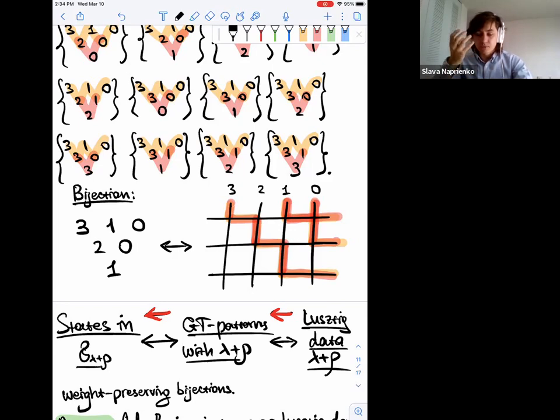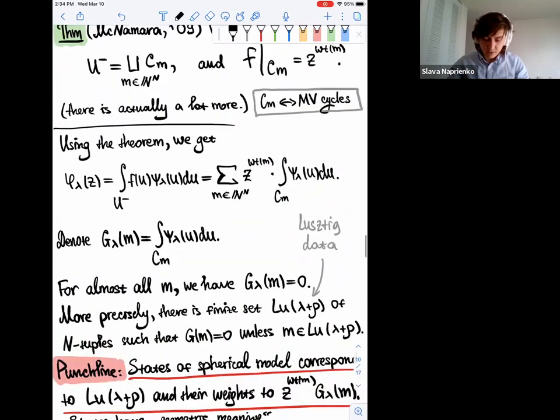And the good part about this approach is that I get all the weights without guessing them. Because all the weights, as I described earlier, are just p-adic integrals. So I just know what the weights are, and I know exactly how each vertex, what weight it is going to carry.